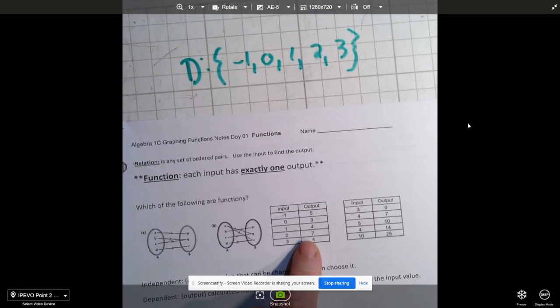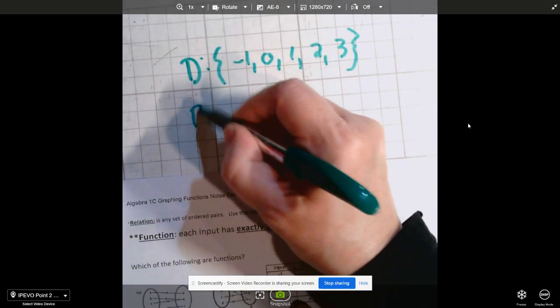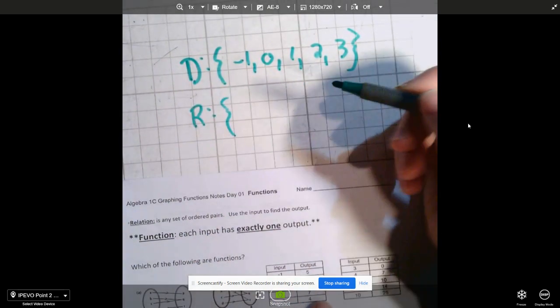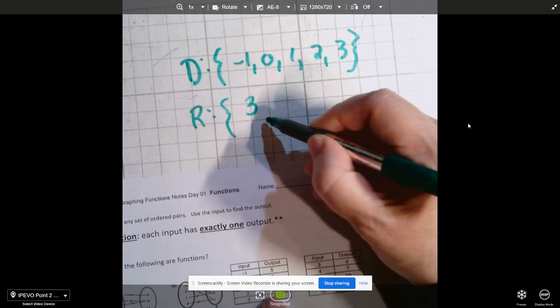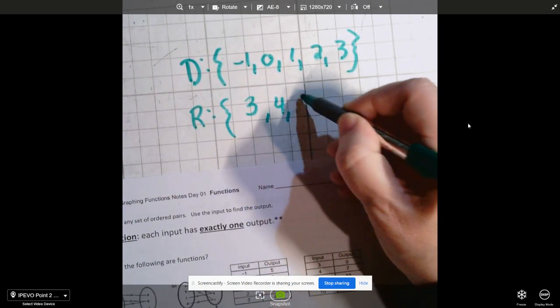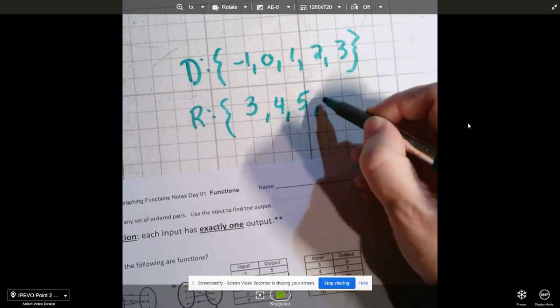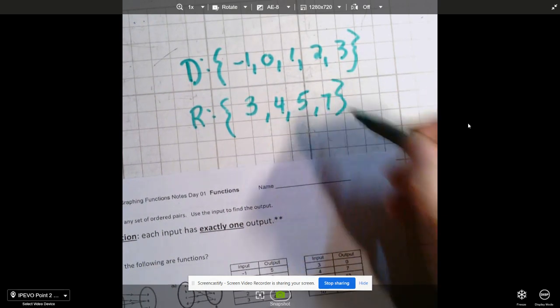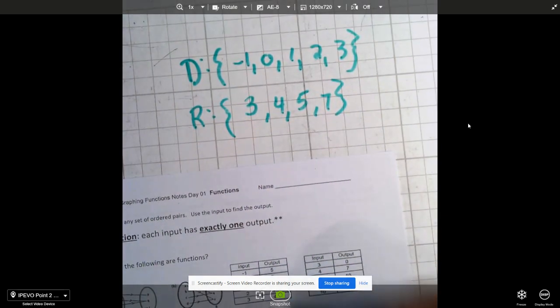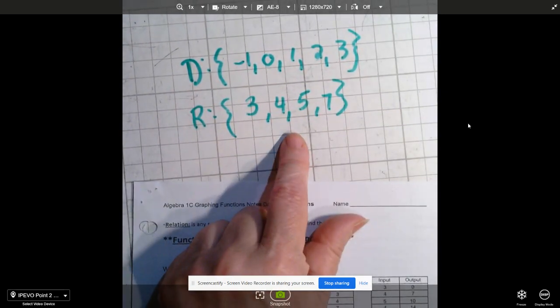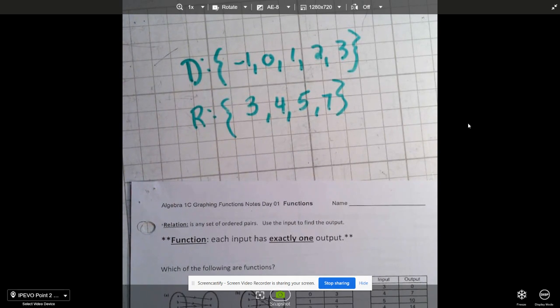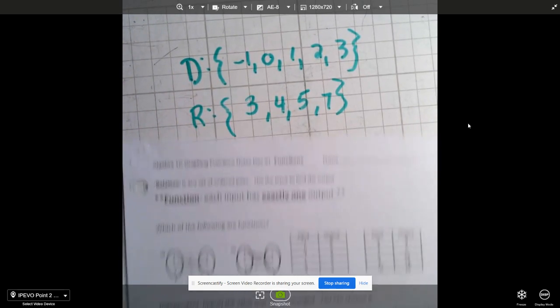And for this function here, my range would be, I'll put them in order, but you don't necessarily have to, 3, 4, 5, 7. And again, I have 4 listed here twice, but I'm not going to list it twice there. So your domain and range is really nothing more than a list of your X's or Y's.